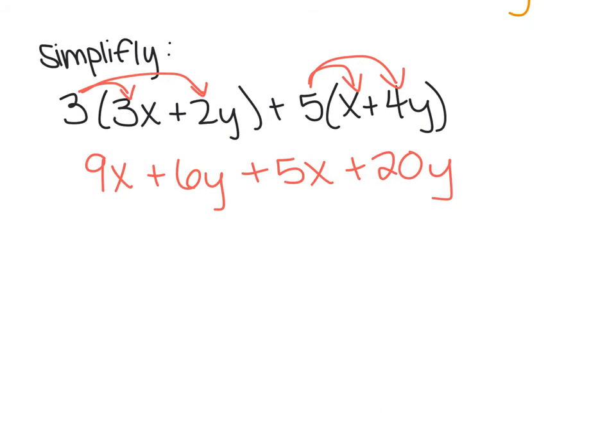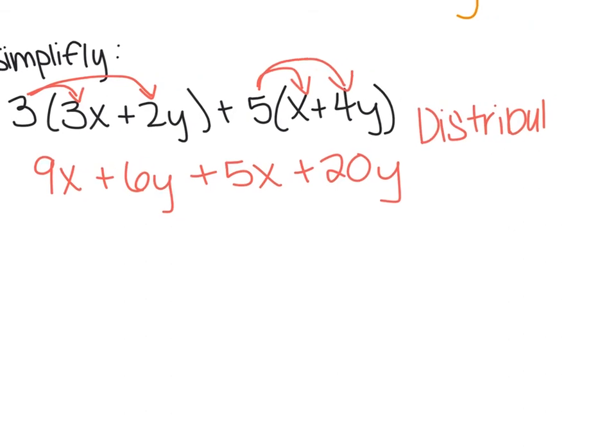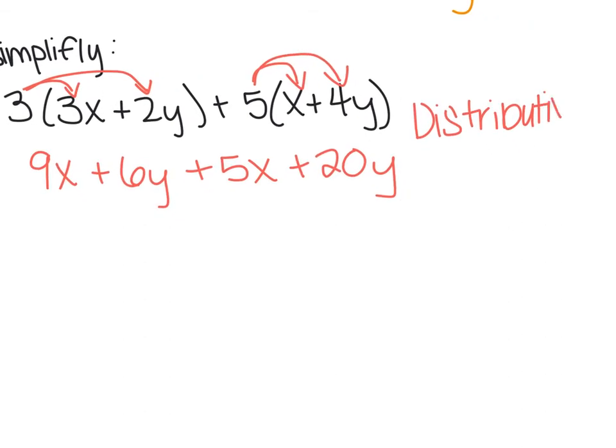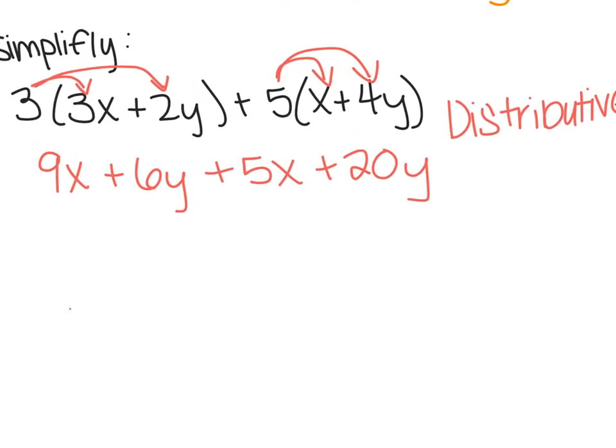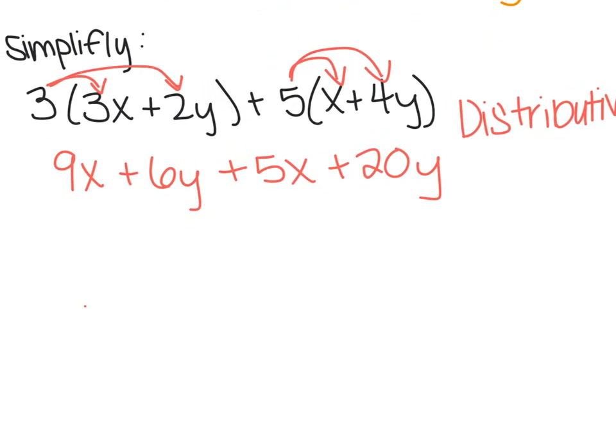So this first step, we used the distributive property. Now I'm going to use the commutative property to rearrange this. So I'm going to rearrange it so that my x's are together and my y's are together.